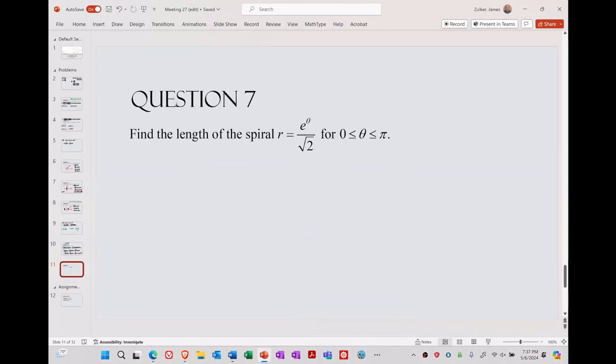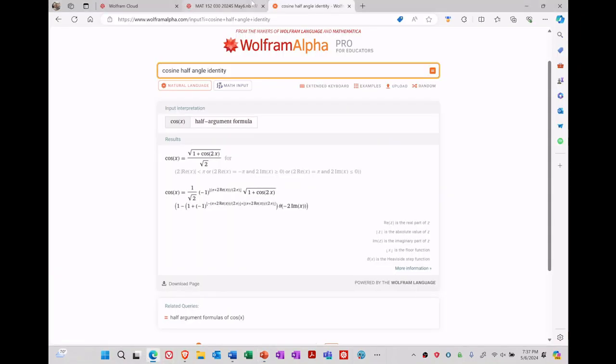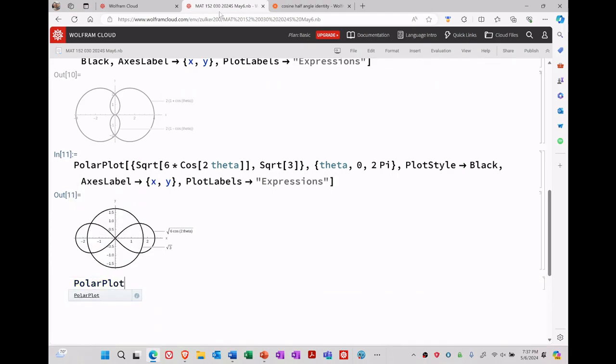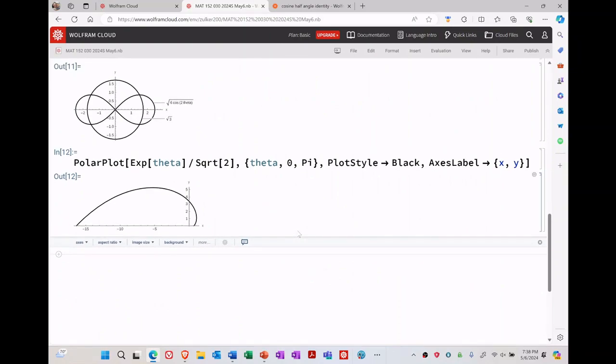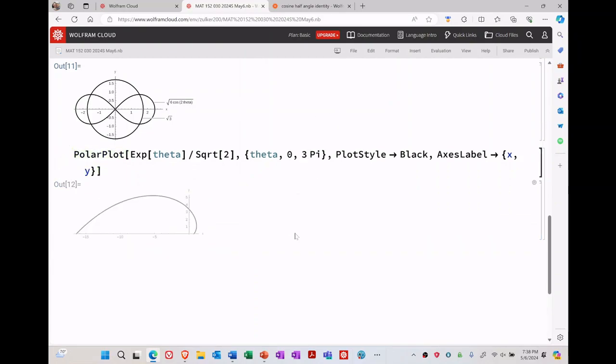I don't think it is, but let's take a look. It's just that. For 0 to pi, what happens if I extend this out? Let's go to 3 pi.